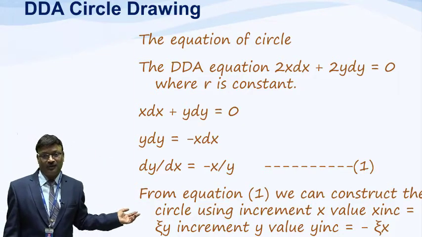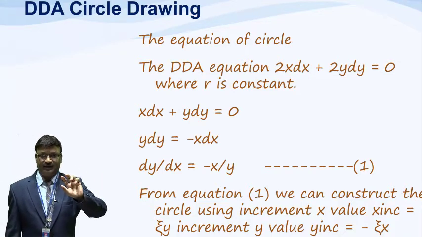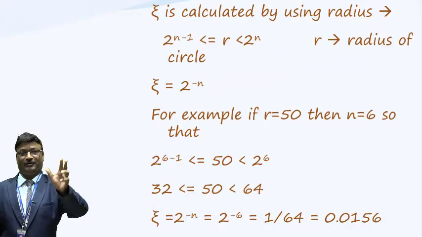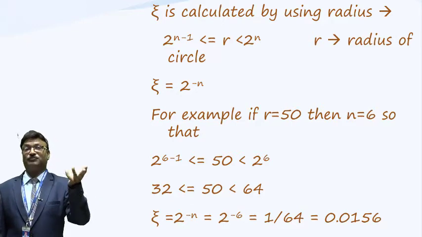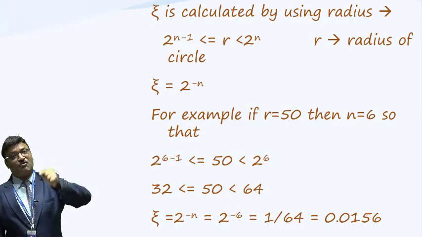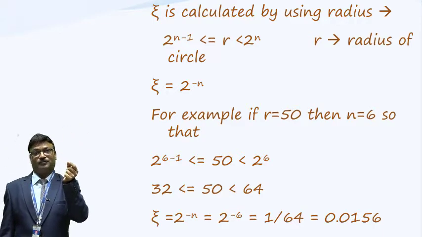So what is this epsilon value? The x increment is equal to epsilon y, and the y increment is minus epsilon x. So that you have to add. Now proceed to the next one. How can we calculate the epsilon value? This is a fractional value, because the circle is round, and I am going to draw it in a round way. So you have to add this epsilon value.